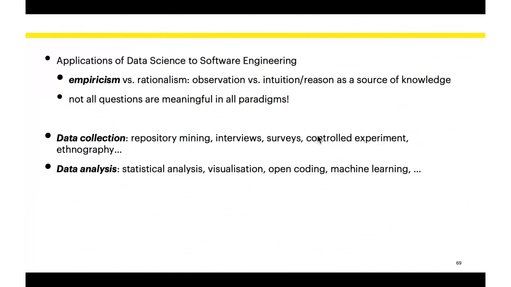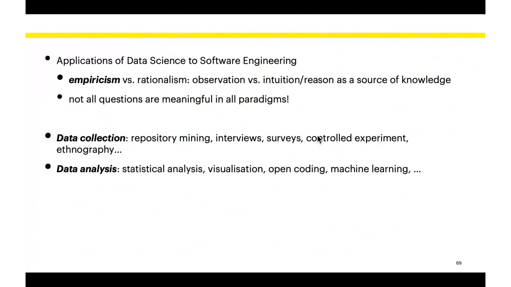Keep in mind that for empiricism, the observation is a primary source of knowledge. You can use intuition and reasoning to form conjectures, but those conjectures should be validated or refuted through observation. For rationalists, it's exactly the other way around. Rationalists believe in intuition and reasoning.